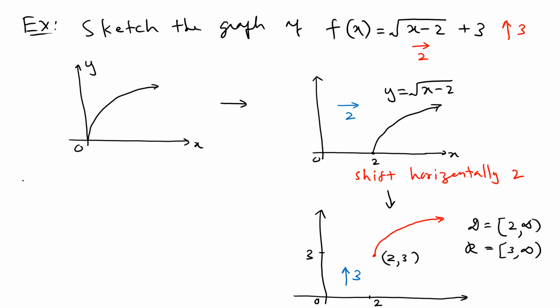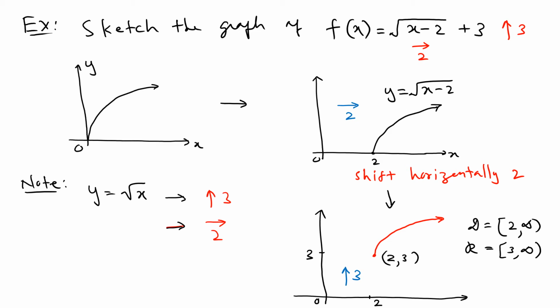So I'm going to write this as a note. We can start with y equals square root x, and then we can move the graph 3 units up. So we do the outside one first, and then we shift the graph 2 units to the right.